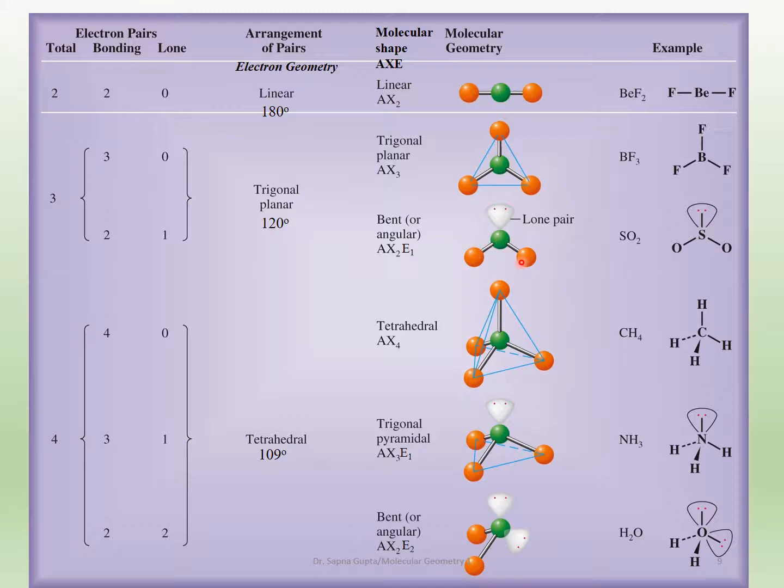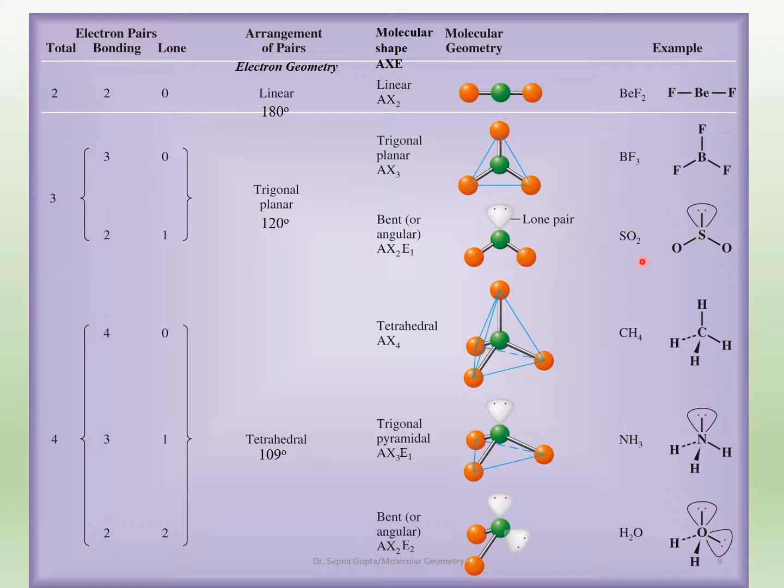Now, one of the other things that is really important to understand is that this bent shape is coming from trigonal planar, and because it's coming from trigonal planar, the angle here should be, yes, 120. So this bent shape, which is coming from trigonal planar, should be 120 bond angle.